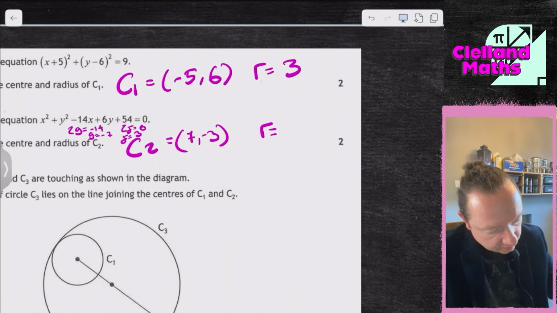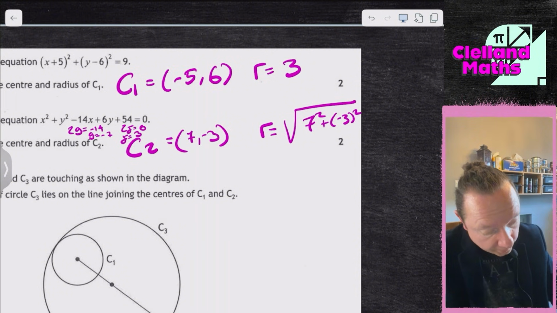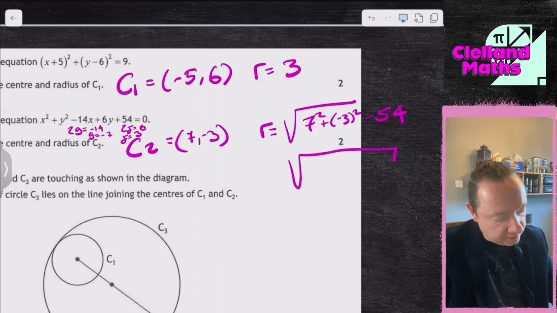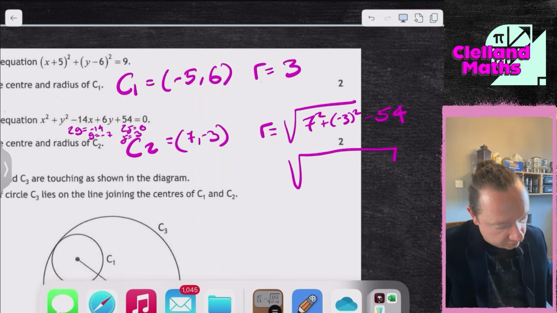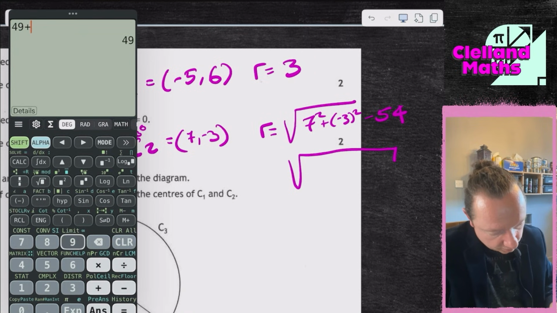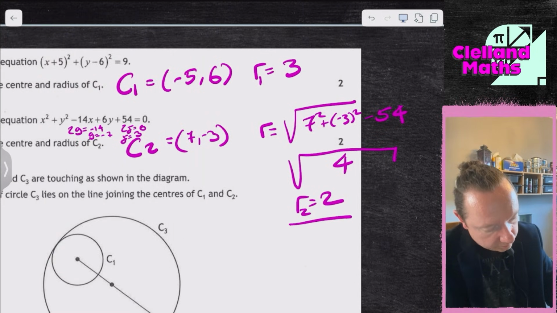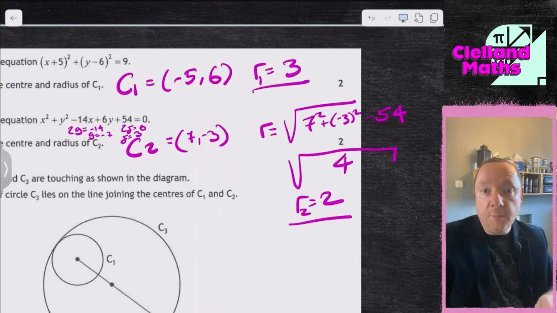The radius is the square root of 7 squared plus minus 3 squared minus the 54 in the end. This is just all from the start of the exam paper, of course. 7 sevens is 49, 3 threes is 9. Minus 54 is 4, so the radius of that one is 2. So R2 is 2. We'll call that R1. And we're done there. We'll get to part C now.